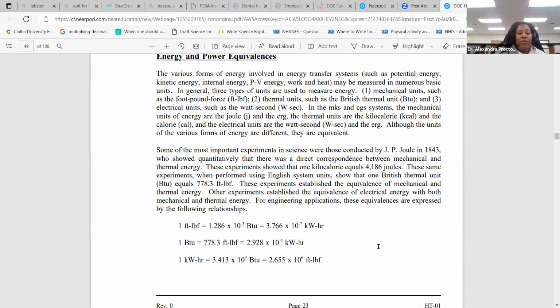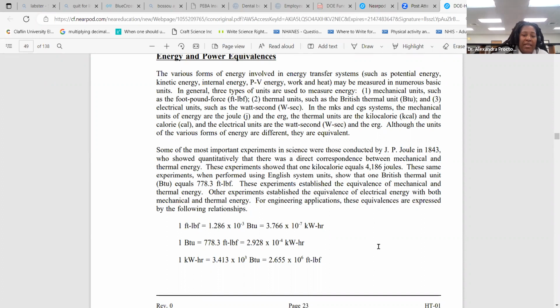So in order to look at the equivalence of these various forms of energy, of course, there was some lab work done, and he came up with these conversion factors to go between the different systems, between metric or SI and British or English.